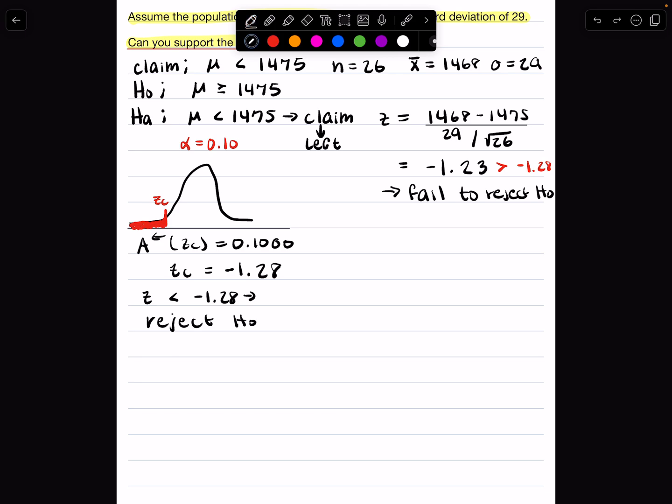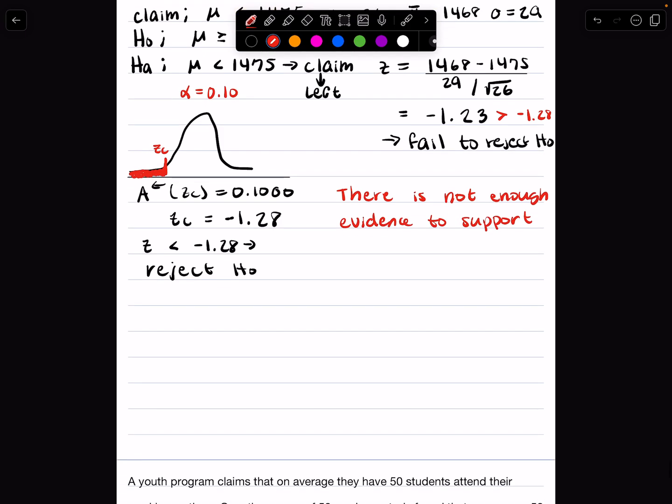So we say there is not enough evidence to support, because we're talking about the alternative hypothesis, so either support or not support.